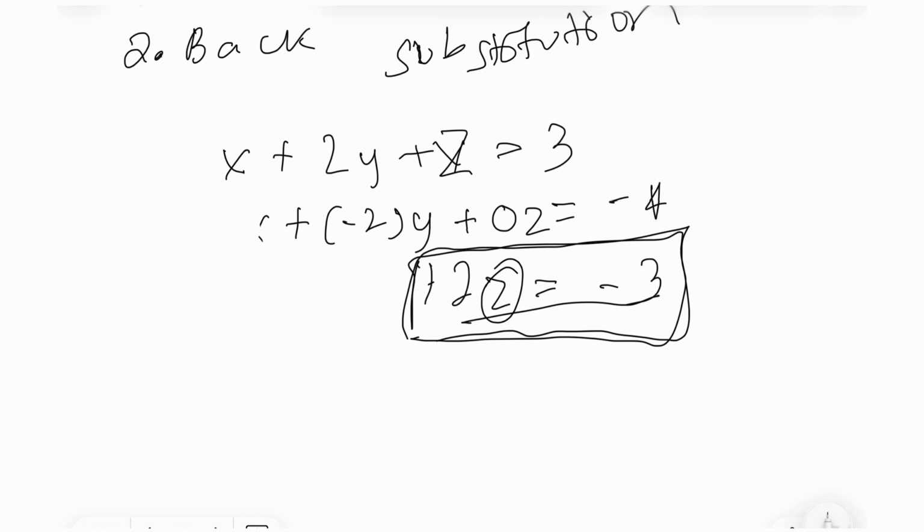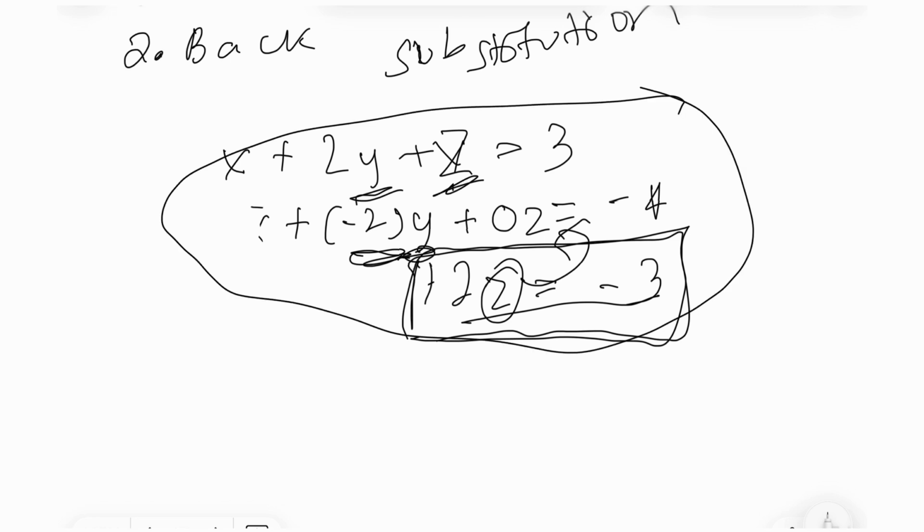We can find z. If we know z, we can substitute it here. I got lucky and z is 0 here, so we can just directly find y. But if z wasn't 0, we'd substitute it here. We'd be able to find y. Now we know y and z, substitute it here. We find x, we found the answer. All because of row echelon form allowing us to find the last variable.